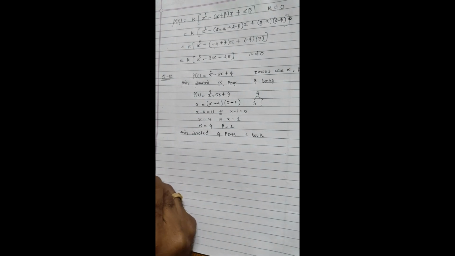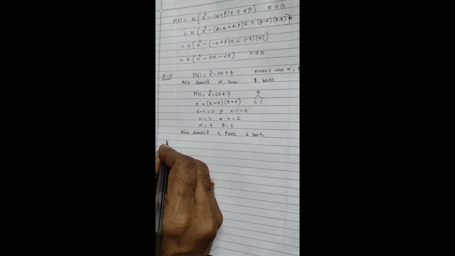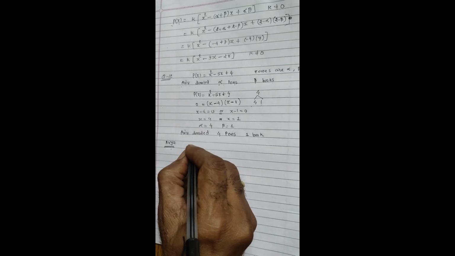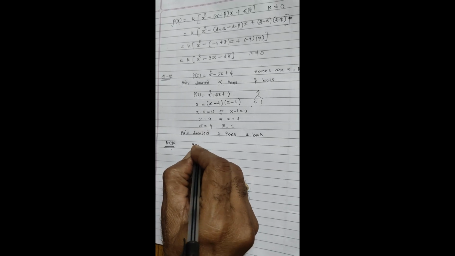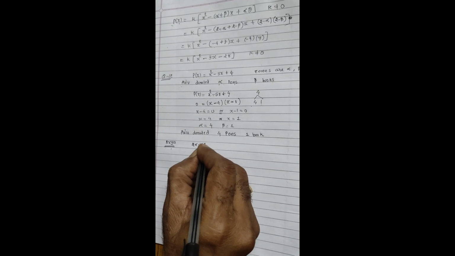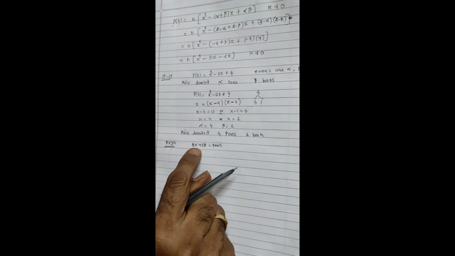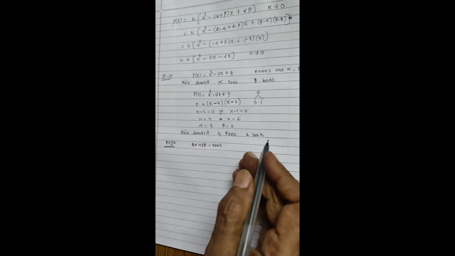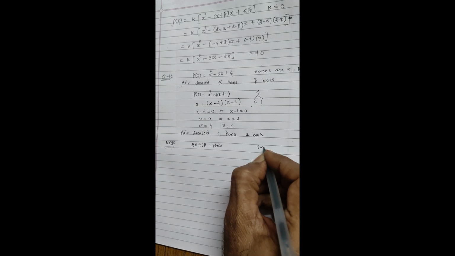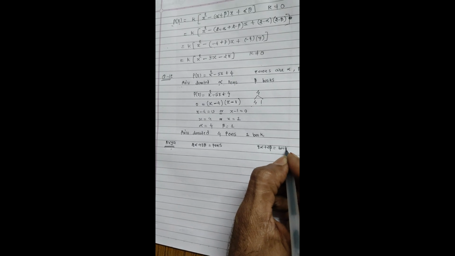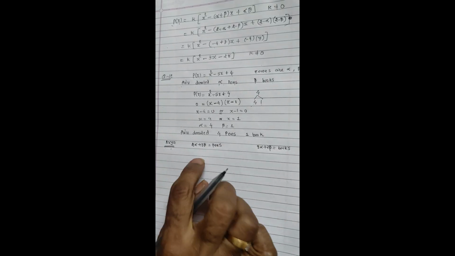Okay, but in this question the second person is Arya. Arya donated 2 alpha plus 3 beta pens and 3 alpha plus 2 beta books.